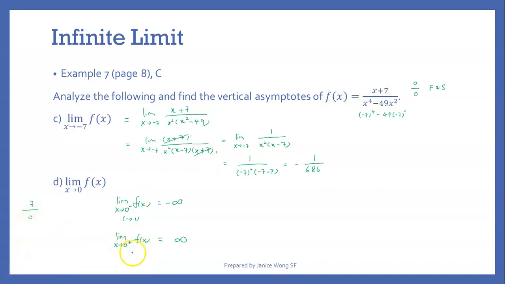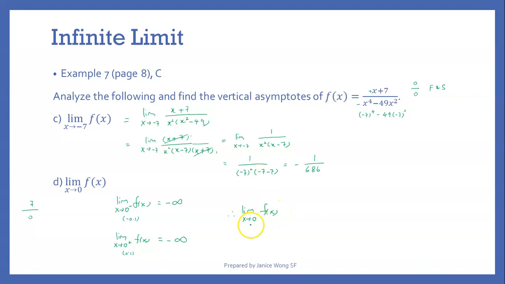For the second case, 0 positive, let's check the sign by taking 0.1. 0.1 plus 7 is a positive sign. 0.1 to the power of 4 minus 0.1 squared times 49. The answer is of negative sign, so it is negative infinity. Based on these two one-sided limits, we can draw the conclusion for the two-sided limit.